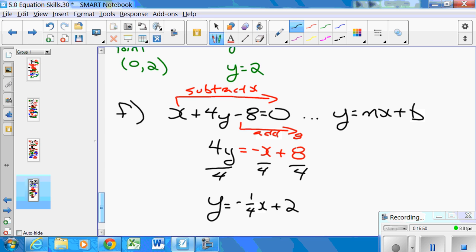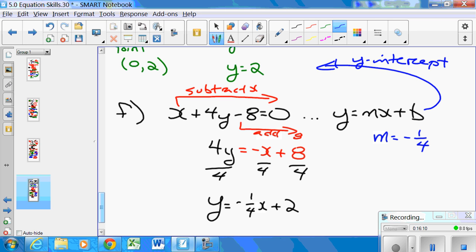We could have done this question without doing all the algebra though, because in our work on this question, at the very start, we said our slope is negative 1/4. And right above us, we talked about a y-intercept. So if you look at this value, the y-intercept, that means our b value is 2.